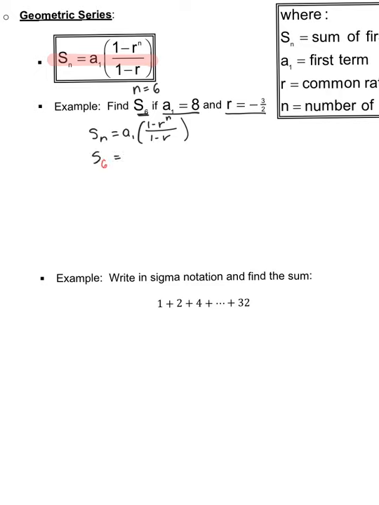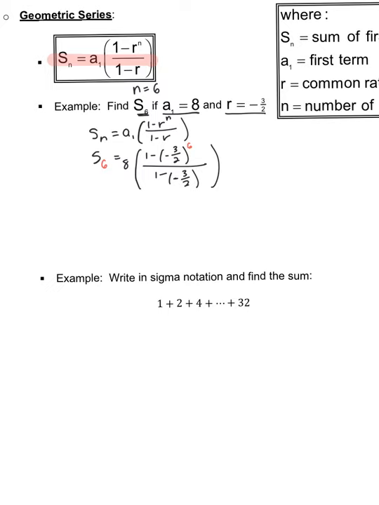So I've got S6 is equal to A1 is 8, R is -3/2, N is 6, and R is -3/2. Just gonna make that look better.